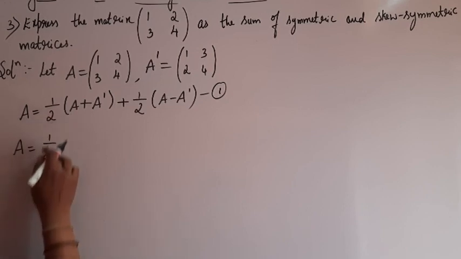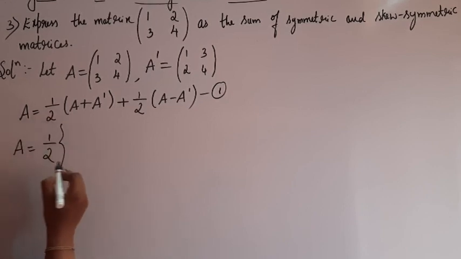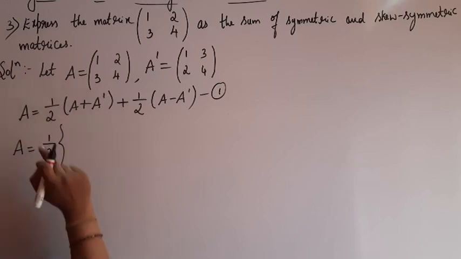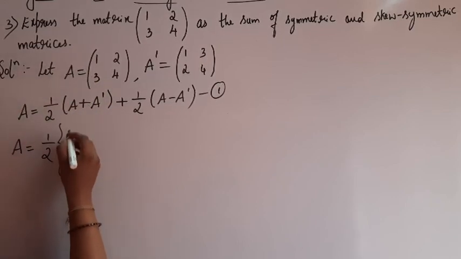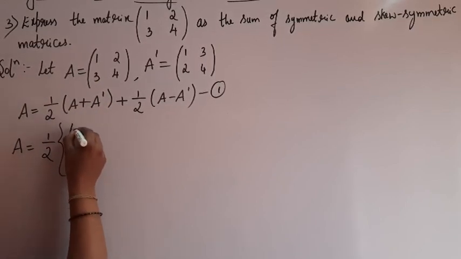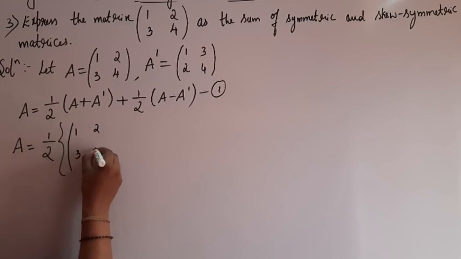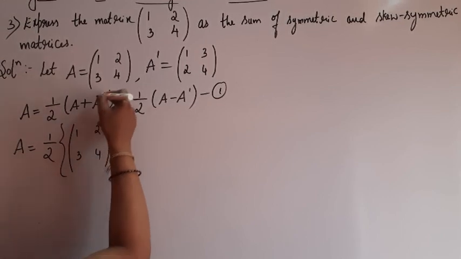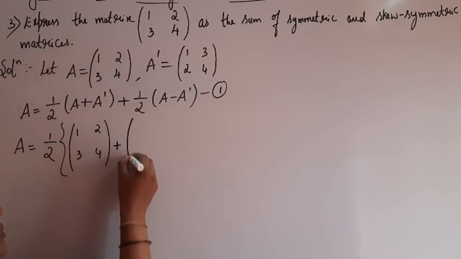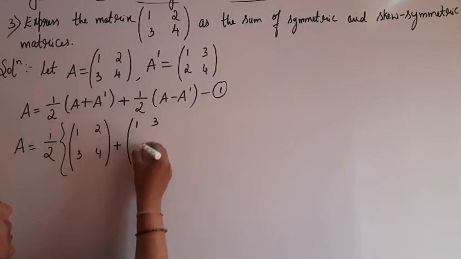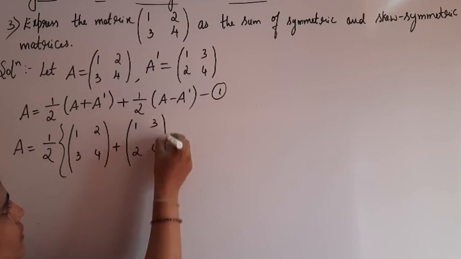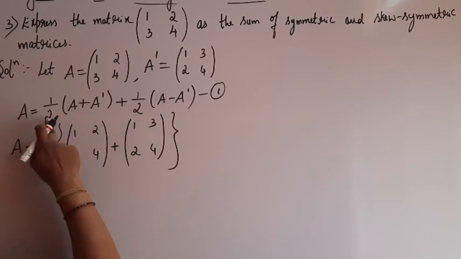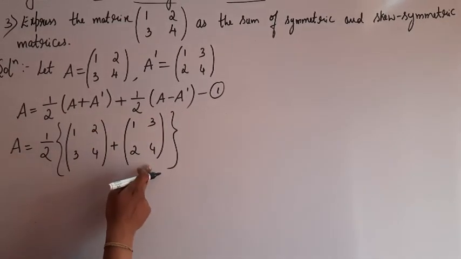Okay. So here half into, so first term is A plus A transpose. Let us take A plus A transpose. So A is 1, 2, 3, 4. Okay. Plus A transpose. Transpose of the matrix is 1, 3, 2, 4. So this is the first term, that is half into A plus A transpose.